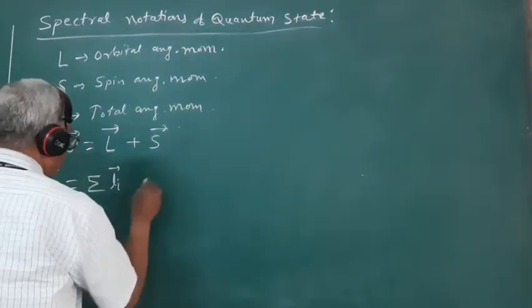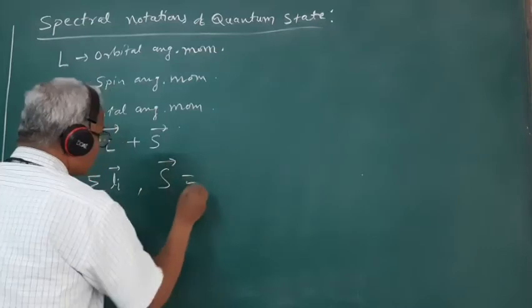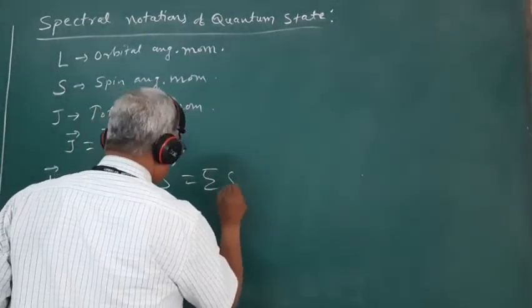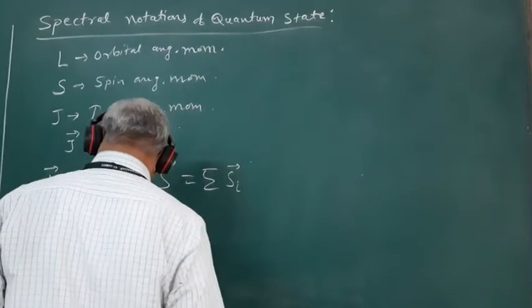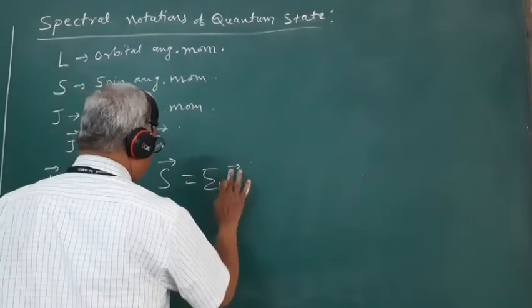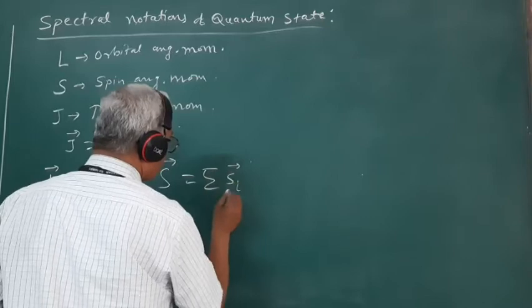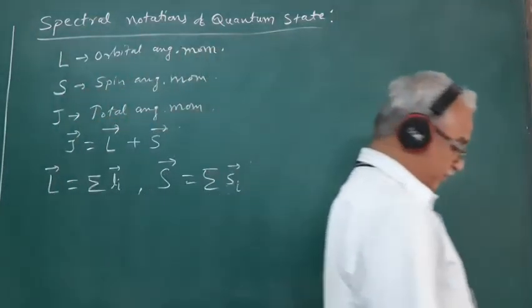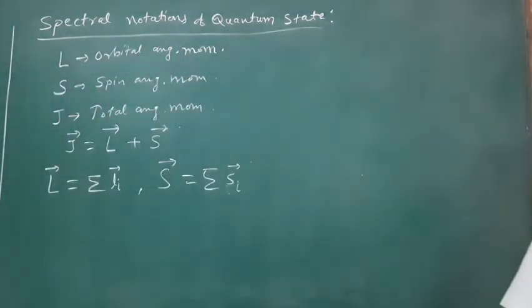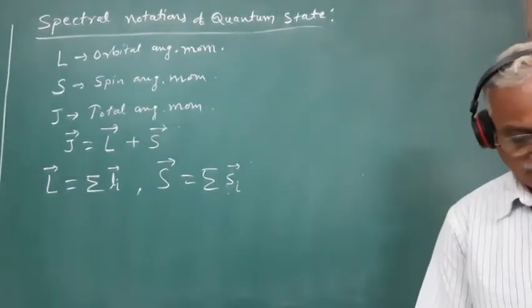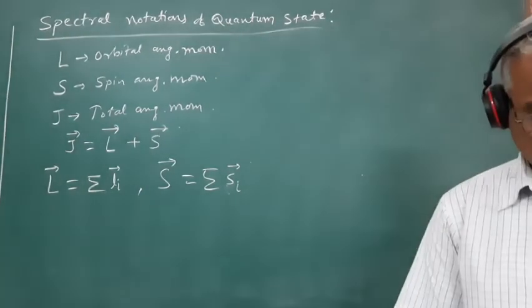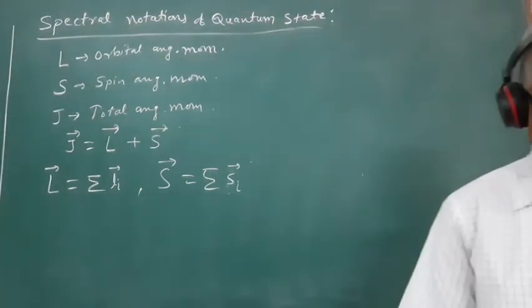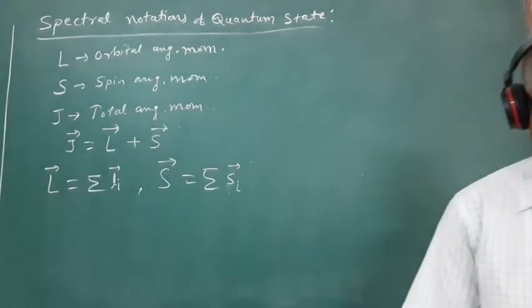Similarly, S bar is equal to the summation of Si bar, where S is small. This S bar represents the spin angular momentum for an atom, and it is expressed as the sum of the angular momentum of each individual electron belonging to the given atom.